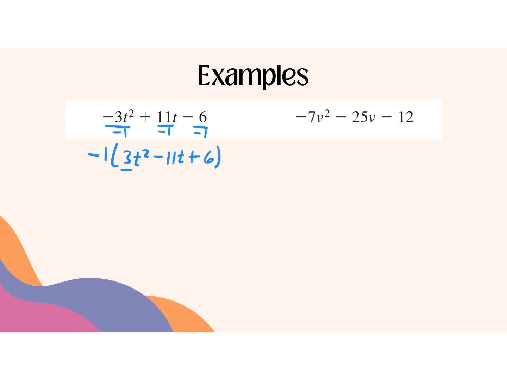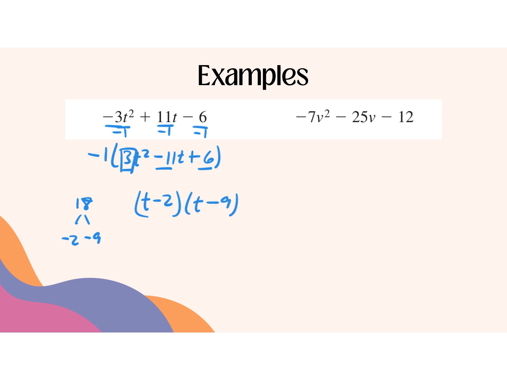All right, so I can do 3 times 6, which is 18. And I can find factors of 18 that add to negative 11. If it multiplies to a positive and adds to a negative, I want them both to have the same sign, which is negative. That's going to get me a negative 2 and a negative 9. So then this inside is going to factor as t minus 2 and t minus 9.